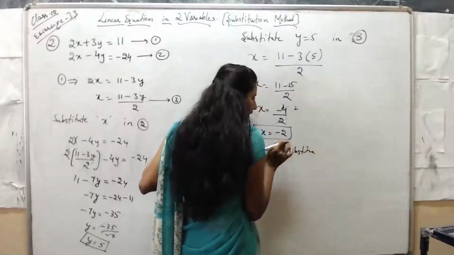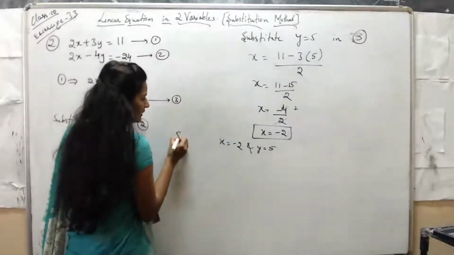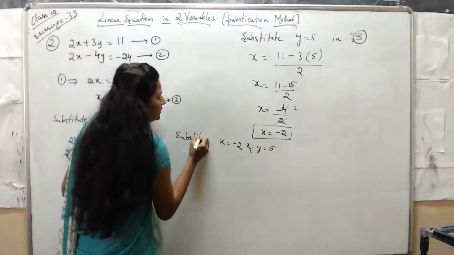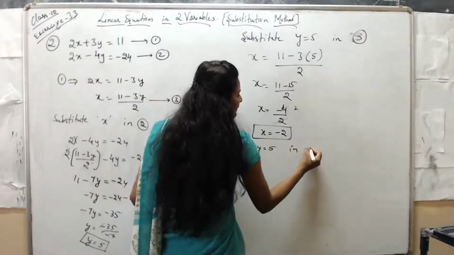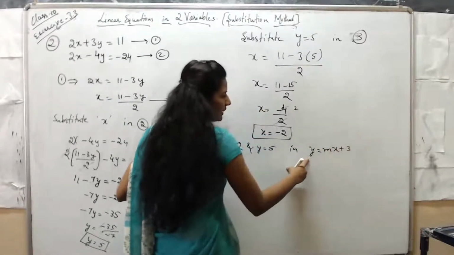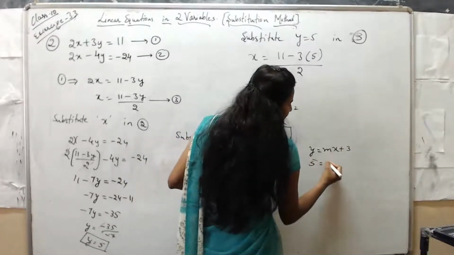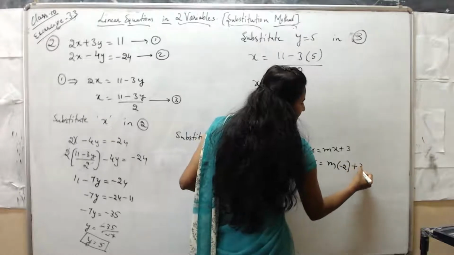Substitute x is equal to minus 2 and y is equal to 5 in the equation y is equal to mx plus 3. What is y? 5. What is m? We have to find out. What is x? Minus 2, plus 3.